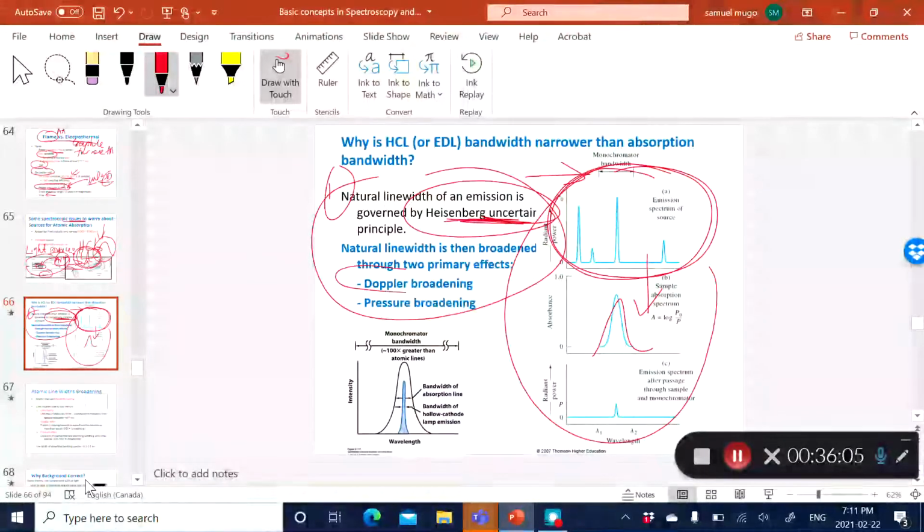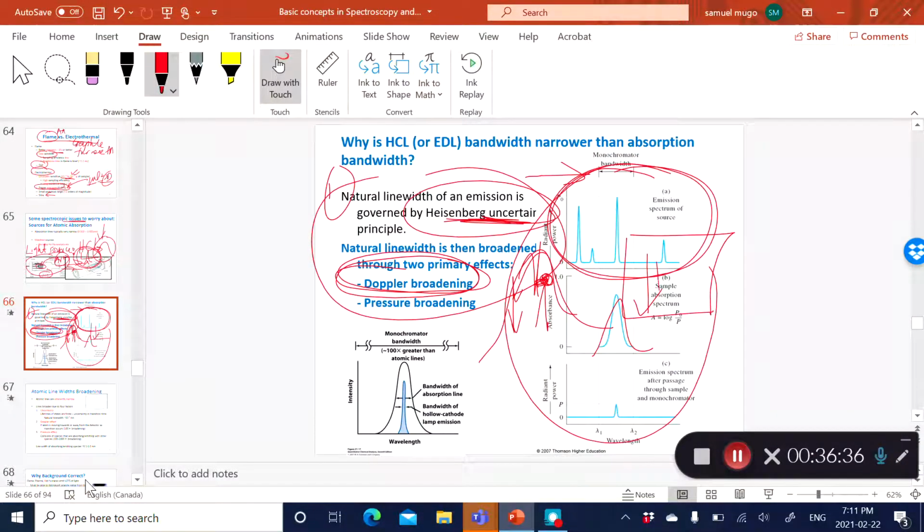Another factor that causes line broadening is what you call the Doppler effect. The Doppler effect largely means that if you've got a molecule or an atom in the flame, and because the flame is fairly violent, these atoms can be moving in different directions. You've got the detector right here, and so you can have some atoms moving towards the detector, whereas other atoms are moving away from the detector.